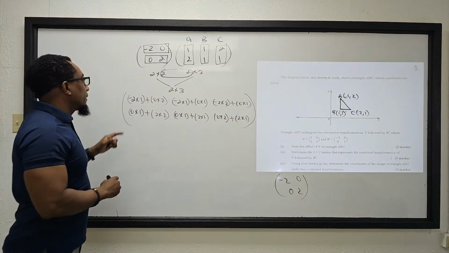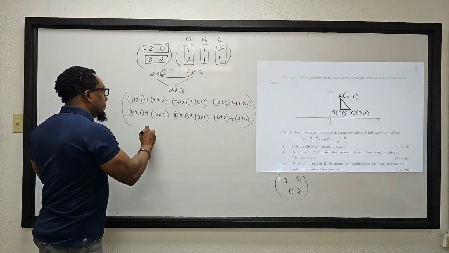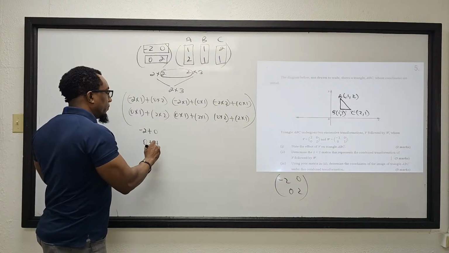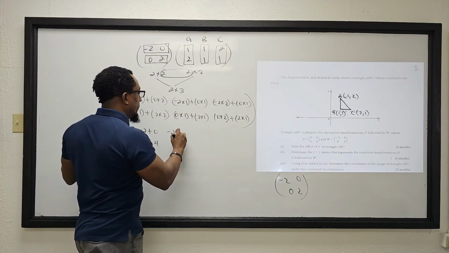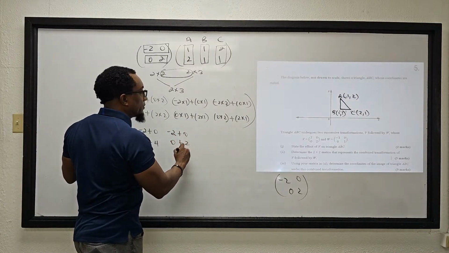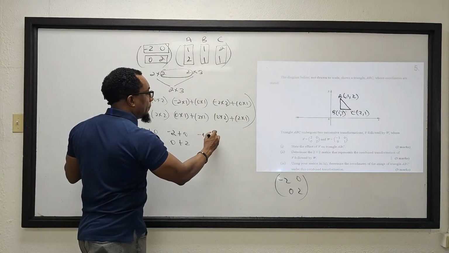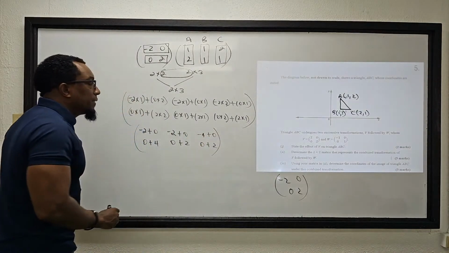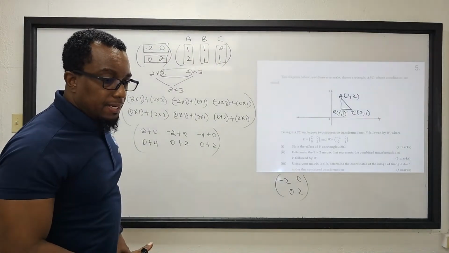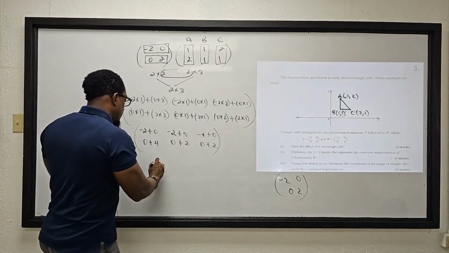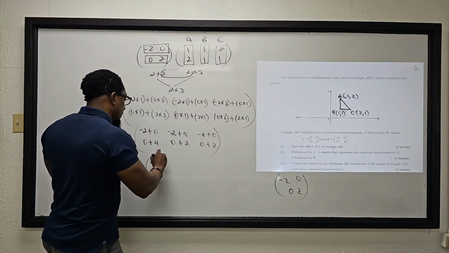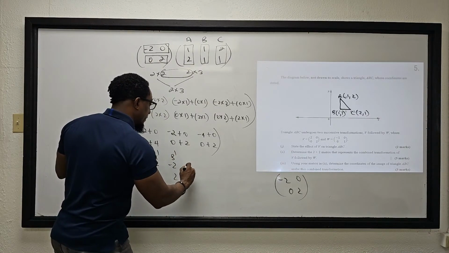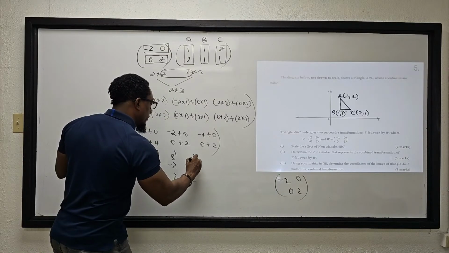And therefore, what are we going to get? Negative 2 by 1 is negative 2 plus 0. This is 0 plus 4. Negative 2 plus 0. 0 plus 2. Negative 4 plus 0. 0 plus 2. So when we simplify, we're going to get A prime, B prime, C prime as negative 2, 4, A prime; negative 2, 2, B prime; negative 4, 2, C prime.